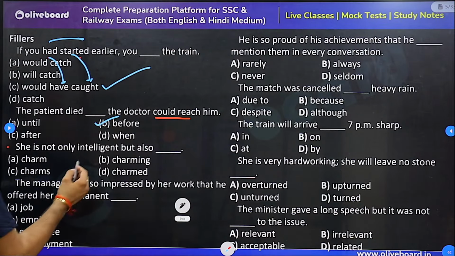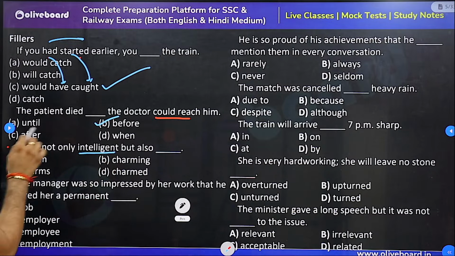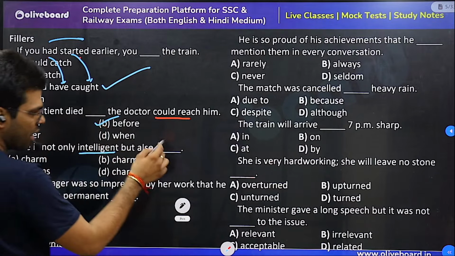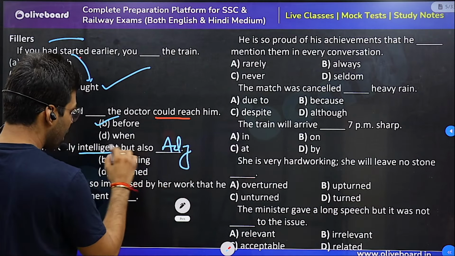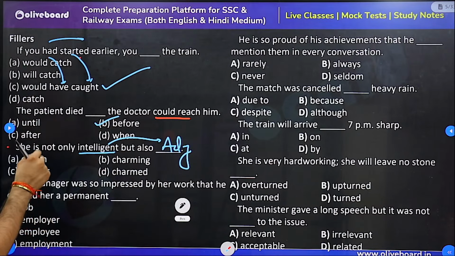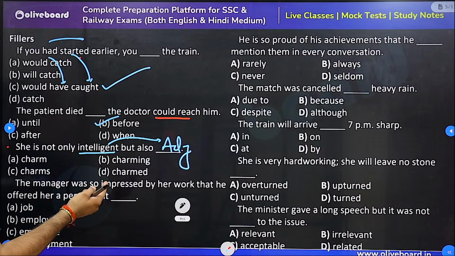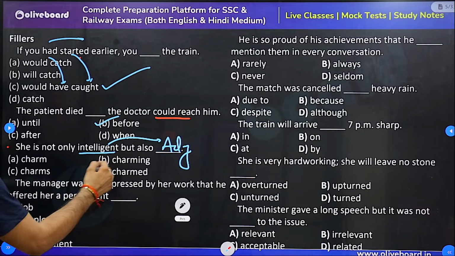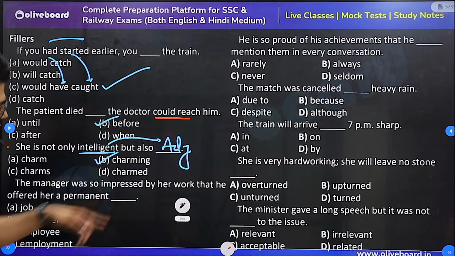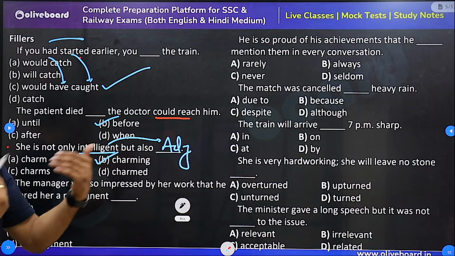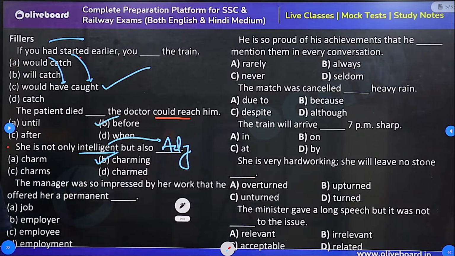She's not only intelligent. You have an adjective here, she is intelligent. There should be another adjective here. And V-ING, called present participle, behaves as an adjective. A past participle will mean something different, we'll discuss in the non-finite section of verbs.